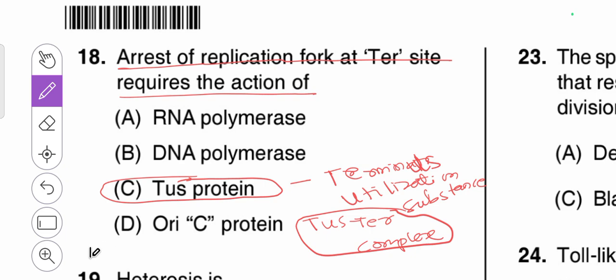Then the replication gets stopped at the sites, that is, the chromosomal ter sites. They are oriented in the replication fork, and these oriented replication forks exit through this TUS protein. So C is the right answer.